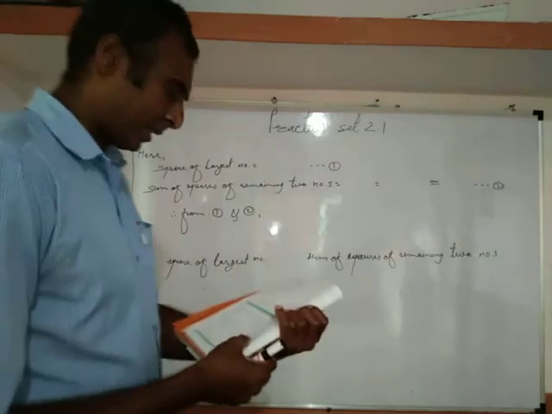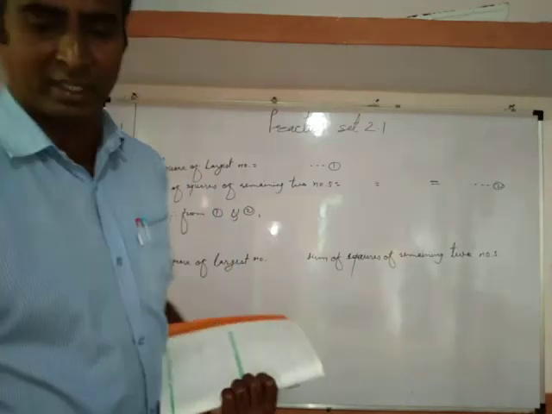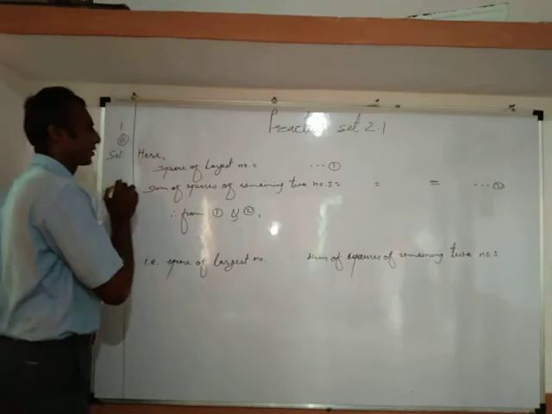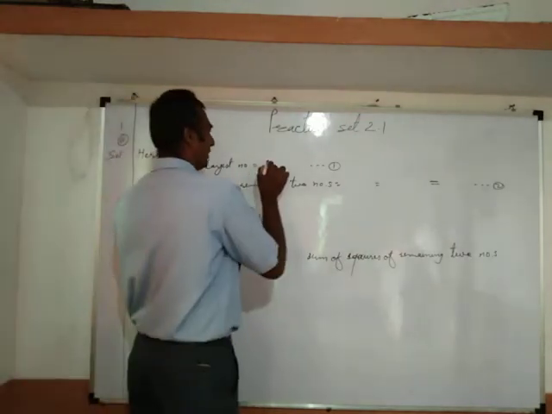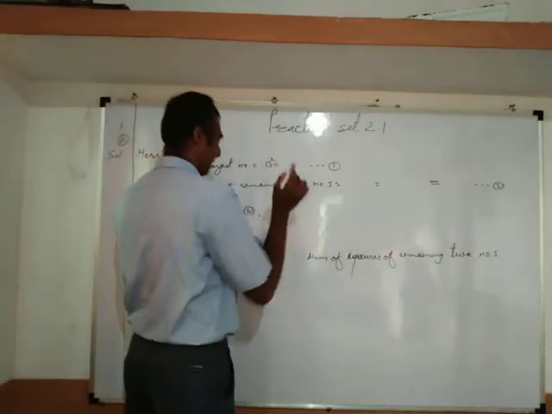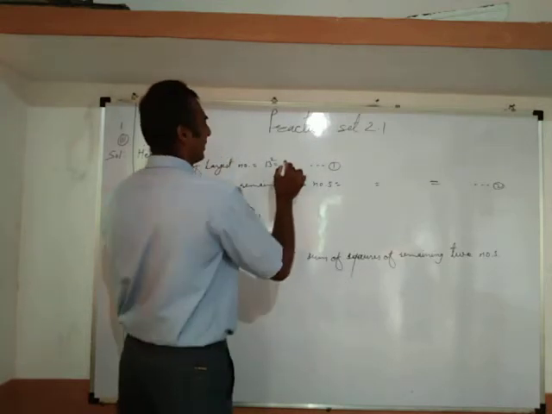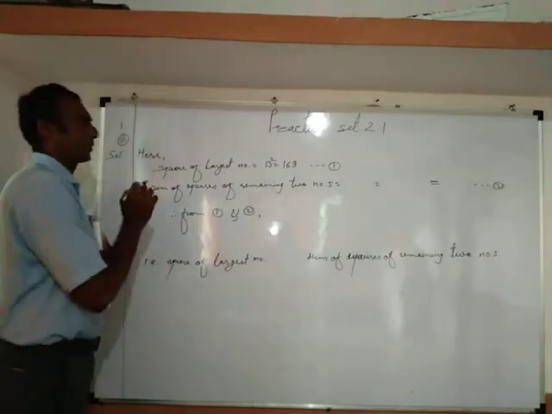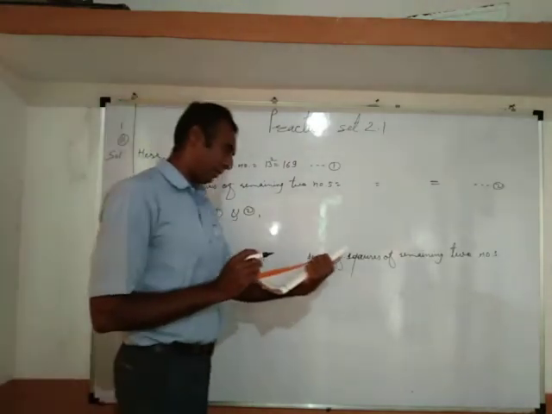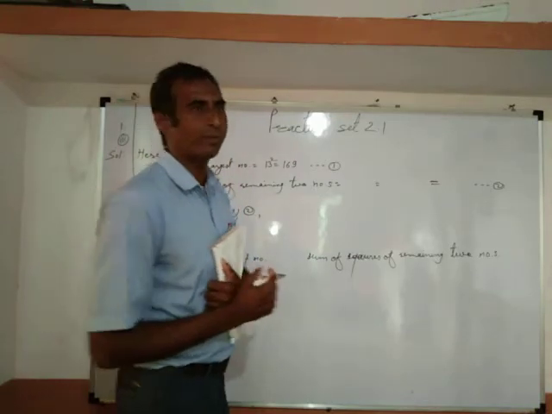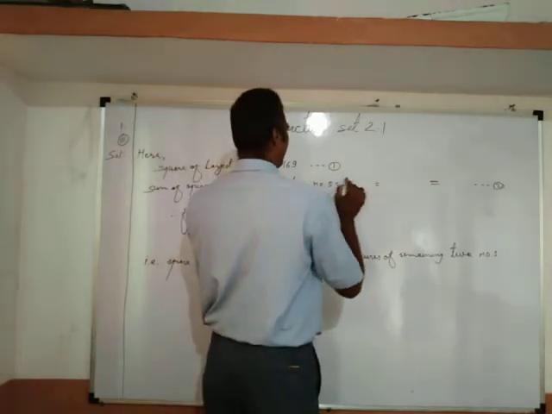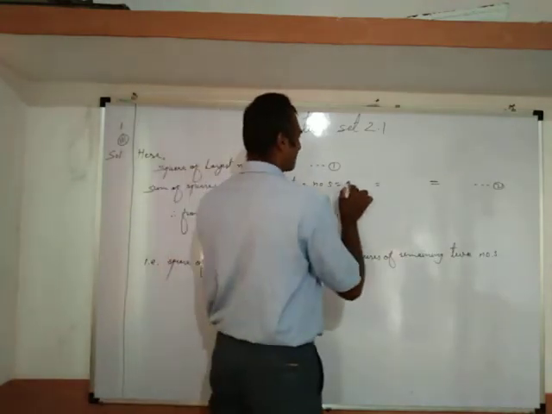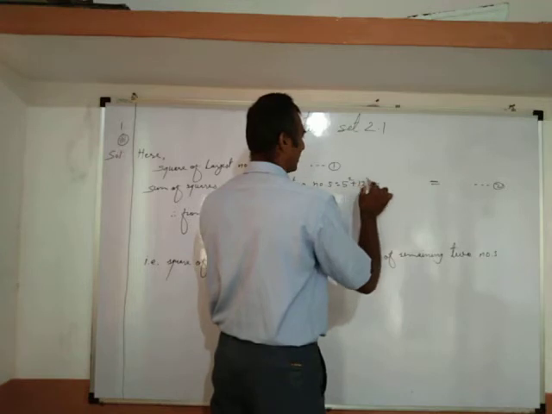Let's see the third triplet. 5, 12, 13. Question third, solution. Here the square of the largest number equals 13 square. Okay, and the square of 13 is 169. The sum of squares of the remaining two numbers, which are 5 and 12, equals 5 square plus 12 square.